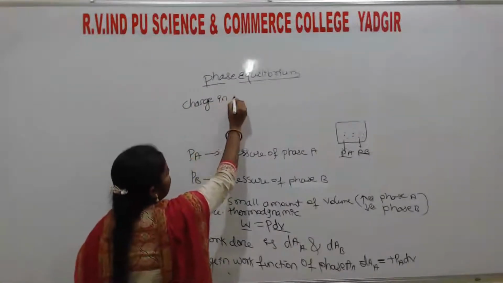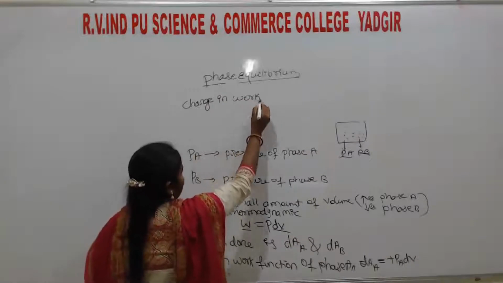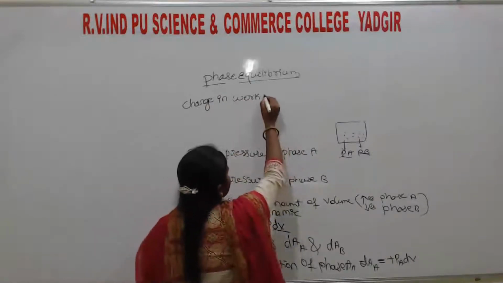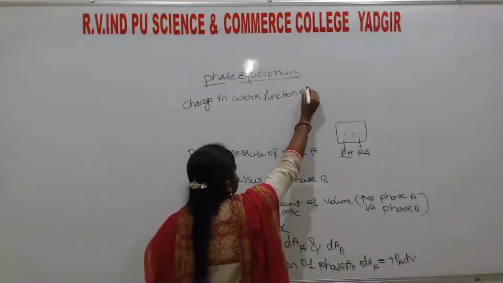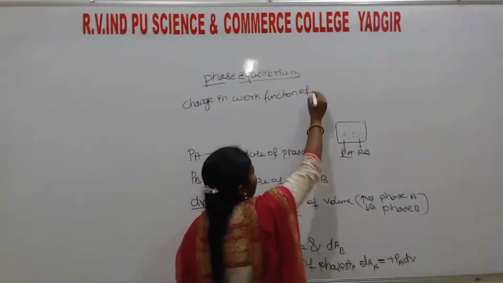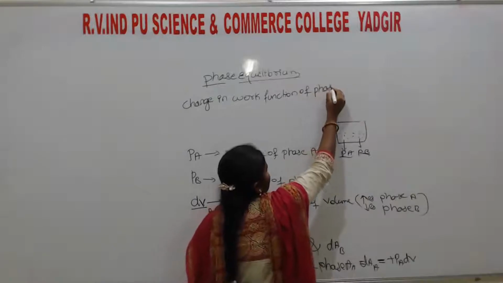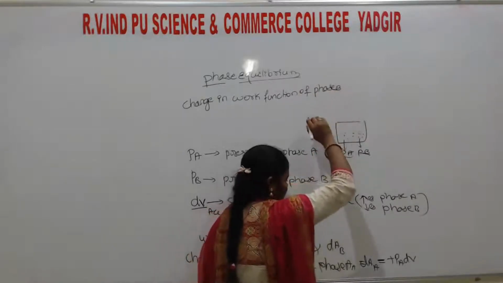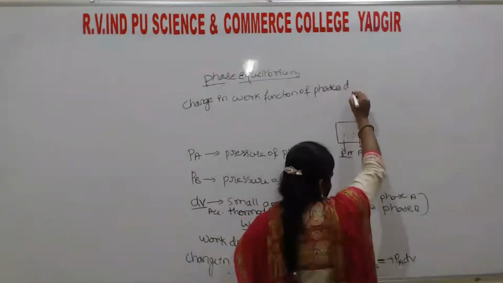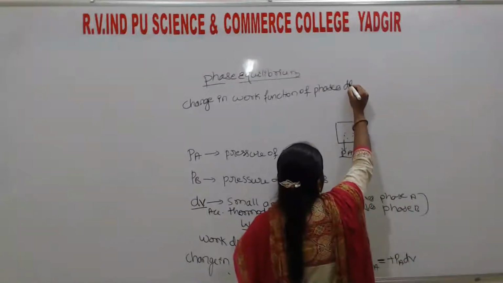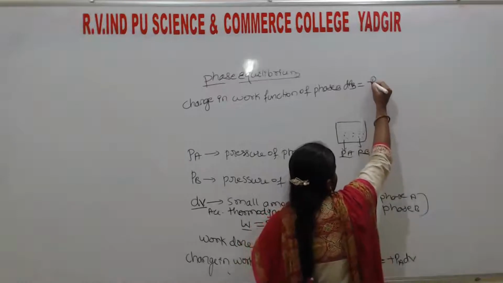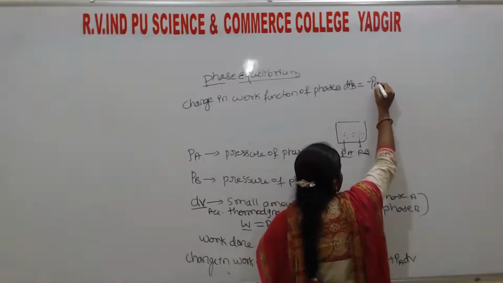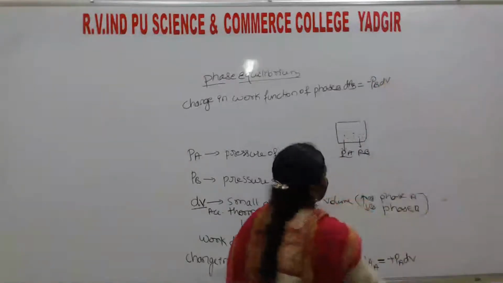I write here the change in work function of phase B, that is dA of B equals minus PB dV.